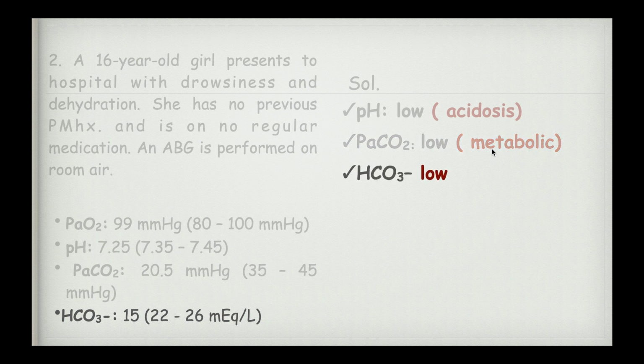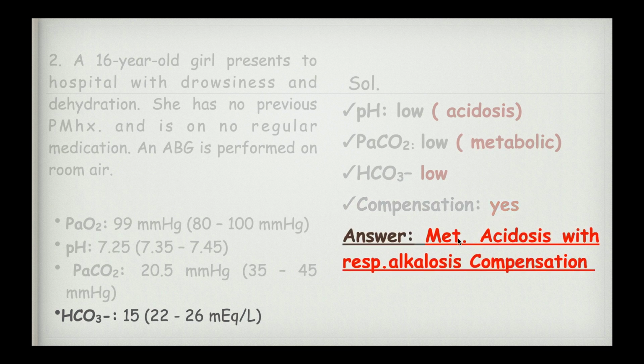Now, we check our bicarbonate and it's also low, which is also pointing to acidosis. And so the compensation over here is present. And so what we say is that there is a metabolic acidosis with respiratory compensation.